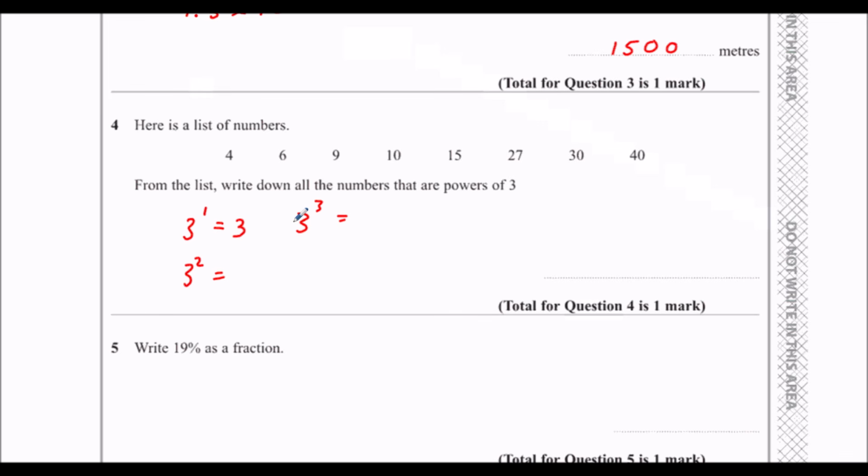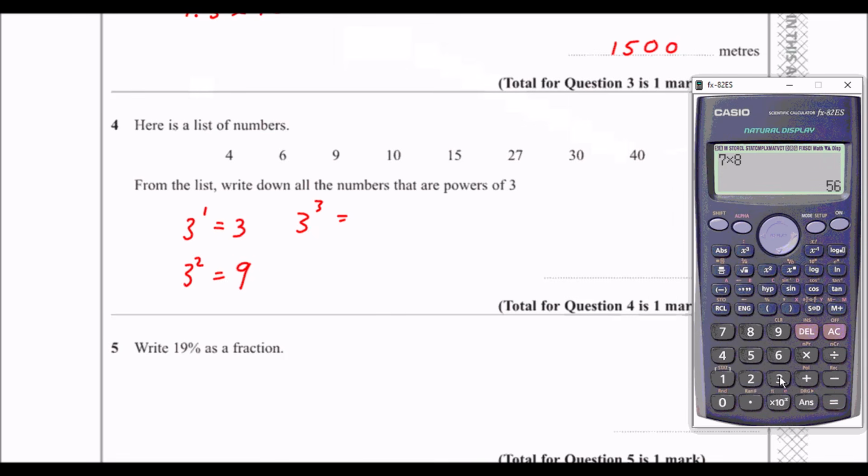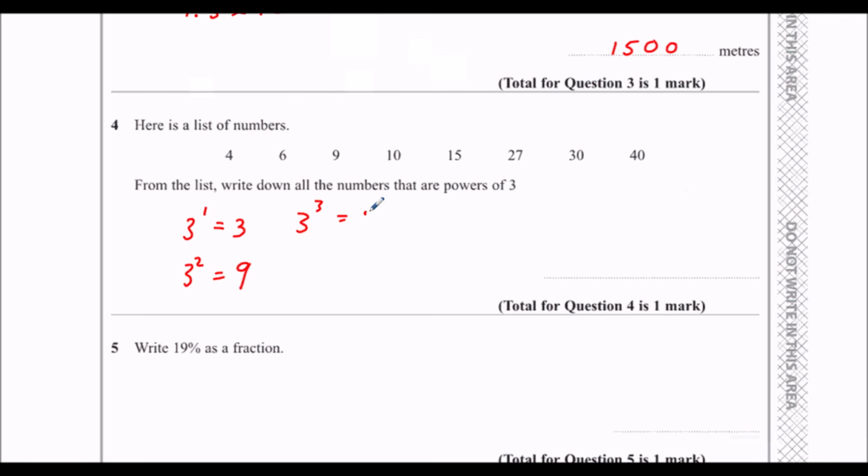That's 3. 3 squared means 3 times 3, which is 9. And 3 cubed is 3 times 3 times 3. Again, we can use the calculator. We can write 3 cubed, and that's 27.